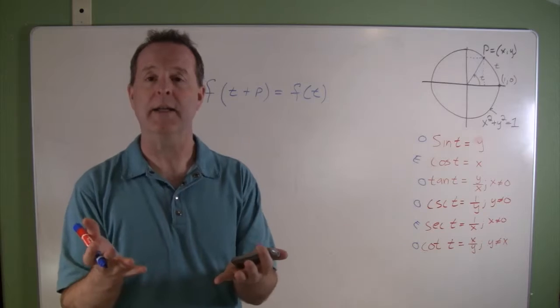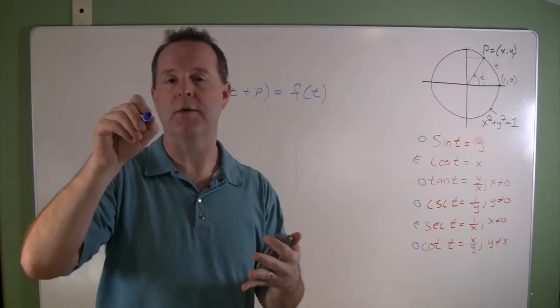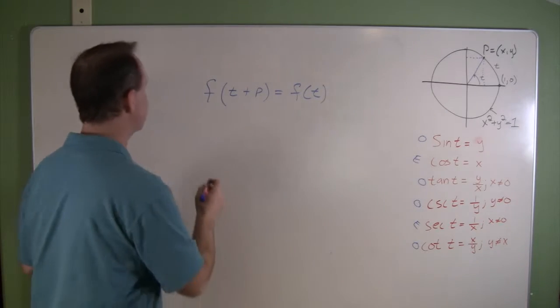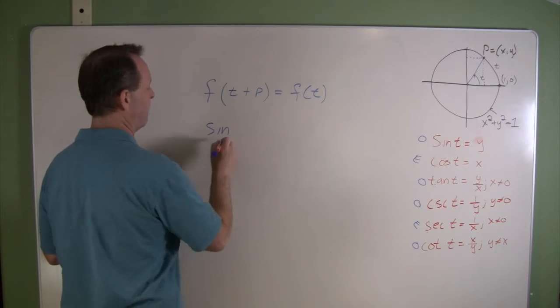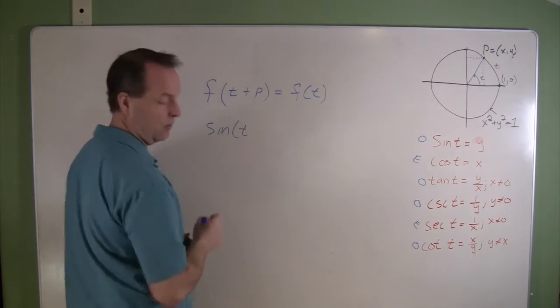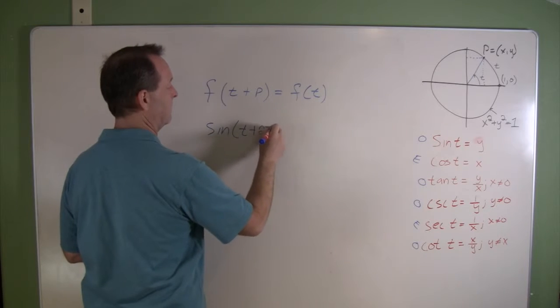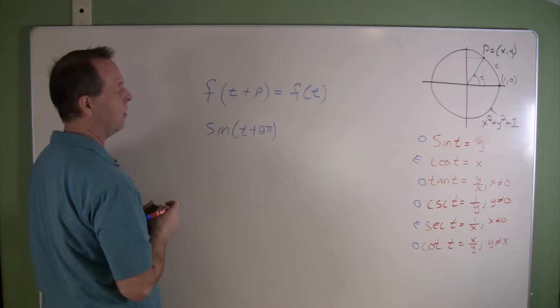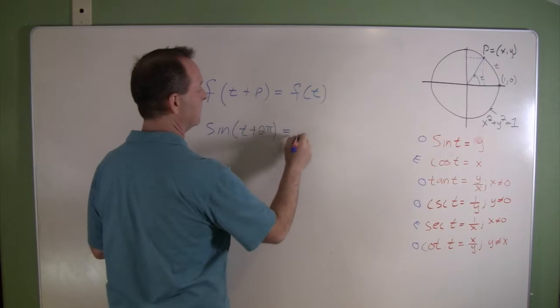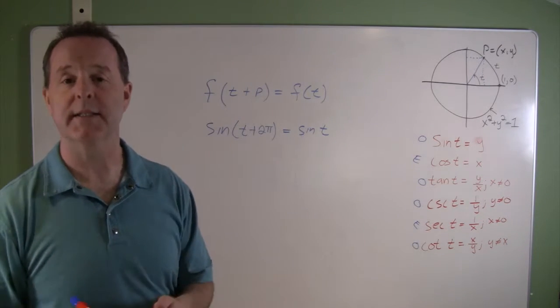We know that with the sine, we get to the same value every revolution or rotation around the circle. So we can say the sine of some value t plus another revolution or rotation around the circle would equal the sine of t.